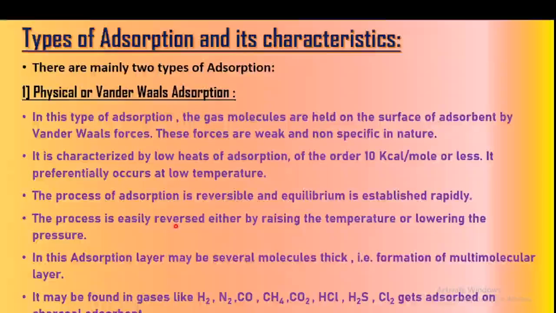The adsorption layer is several molecules thick, that is the formation of a multimolecular layer, and examples are H2, N2, CO. These different gases, H2S, Cl2, are adsorbed on the charcoal adsorbent, that is an activated adsorbent. So this is the first type of adsorption, that is physical or van der Waals adsorption.